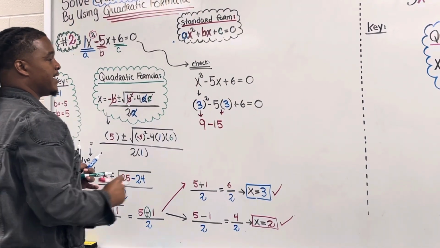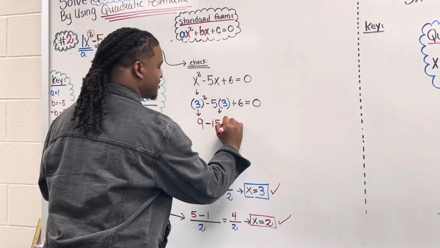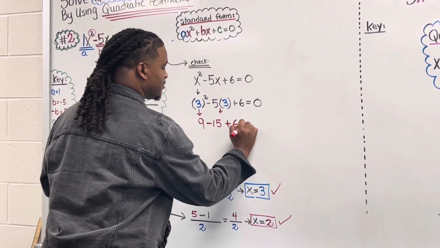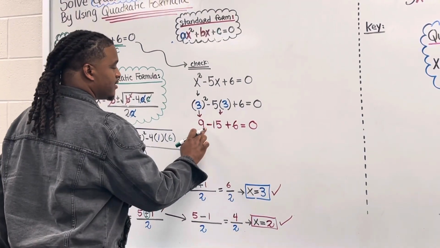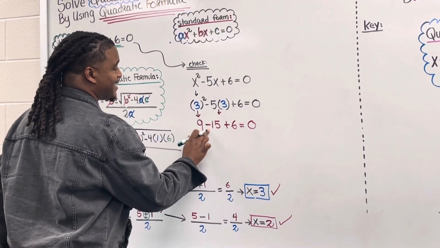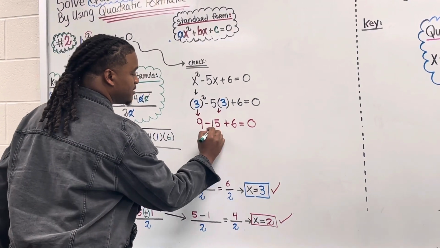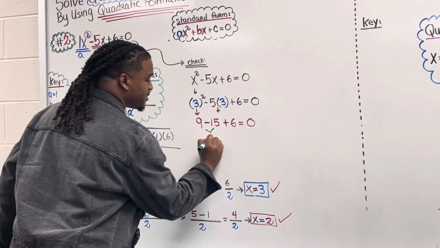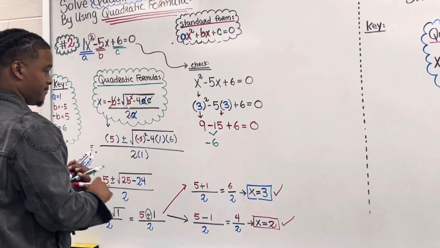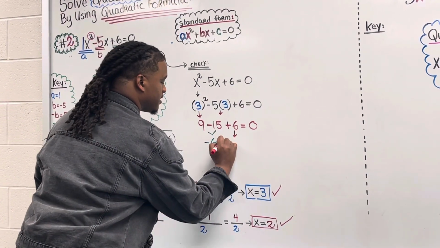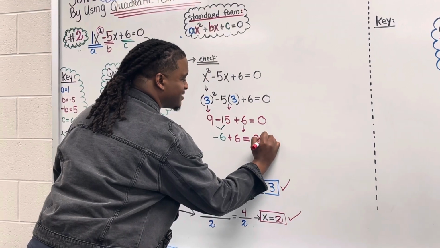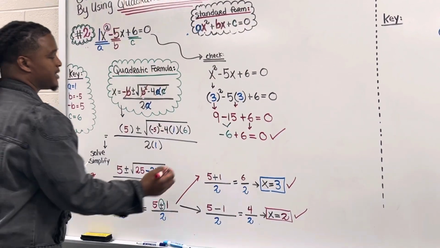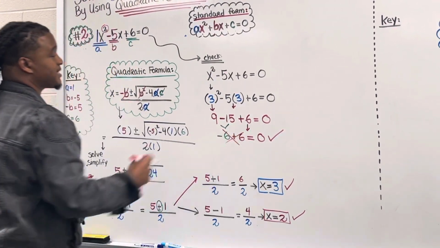And then we have a plus 6. Okay? 9 minus 15 is a negative 6. And then we bring down this positive 6. And then, of course, a negative 6 and a positive 6 equals 0. Okay? Because they canceled each other out. So that actually equals 0.